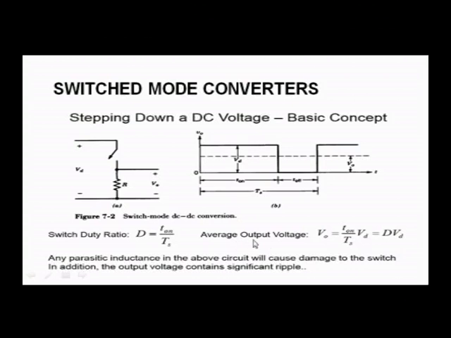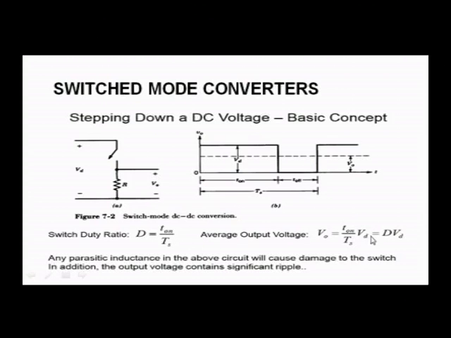And the average output voltage here will be, definitely there will be a voltage only when it is on, and when it is off it is 0. So, average for the total time period, what is it? It is nothing but T on divided by Ts, into the input voltage Vd. So, what is T on by Ts?